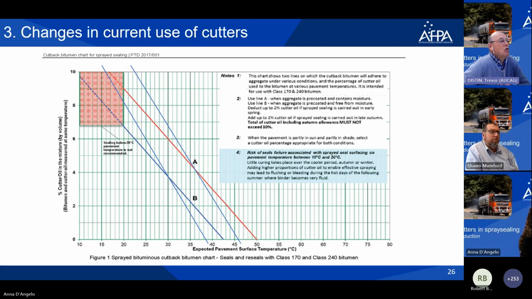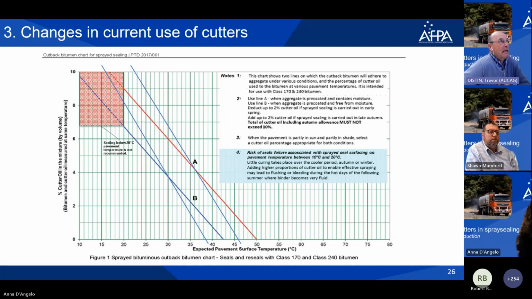You can see the two lines called A and B there, which have been overlaid with another two parallel lines. The A line, the red line, is if the spray seal aggregates to be used happen to be wet, then you apply that line, and the B line is if they're dry.